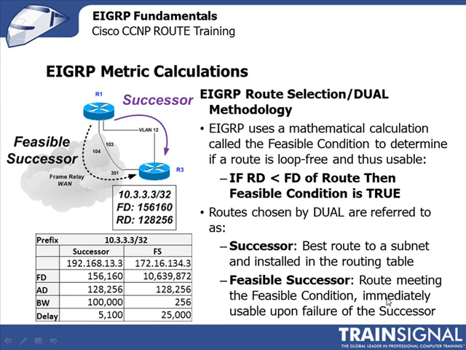It was all automatic. So understanding this distinctive aspect of EIGRP, the successor and feasible successor, and understanding this whole feasible condition math. It's very simple, but knowing that is essential to understanding how EIGRP operates as a protocol and also in a network. So feasible condition, successor, feasible successor.